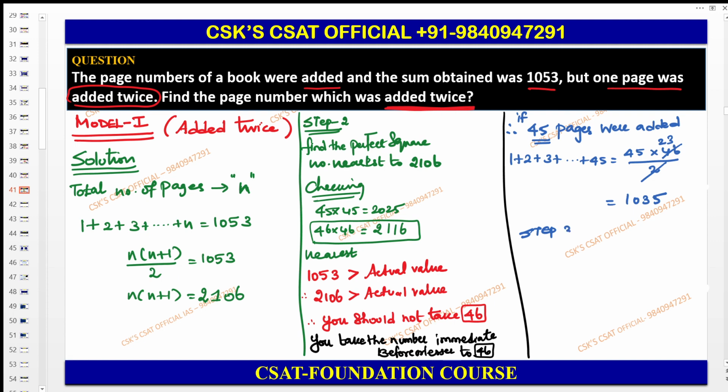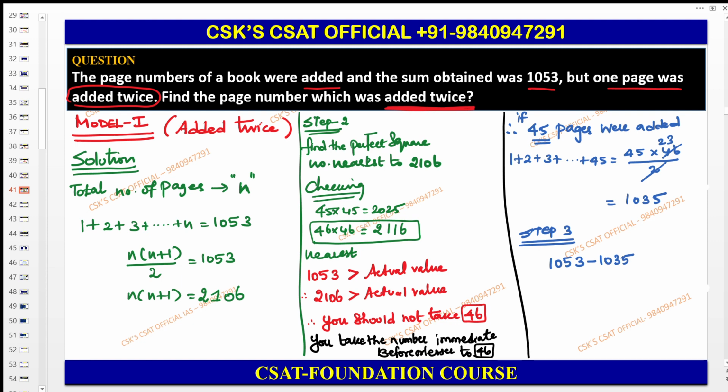Now step number 3. The sum obtained minus this sum: 1053 minus 1035, that's it.